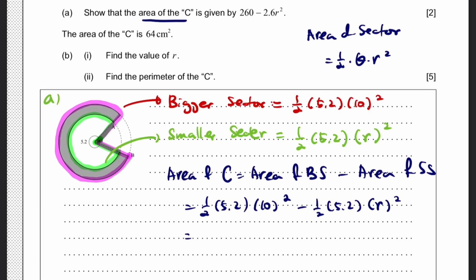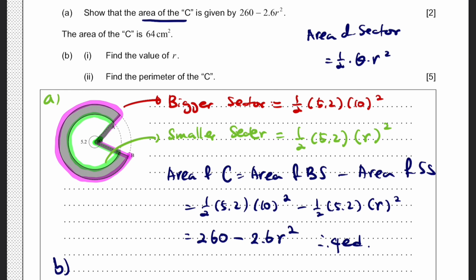Simplifying all these numbers gives us 260 minus 2.6 r squared. And we have shown that the area of the letter C is 260 minus 2.6 r squared. So QED.